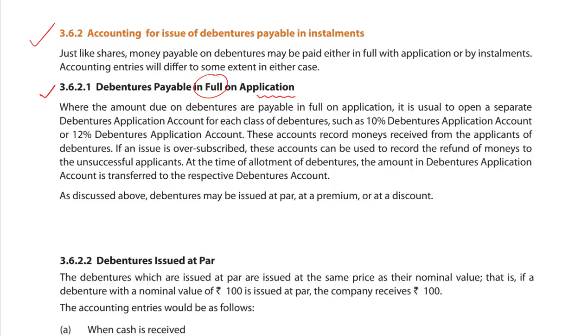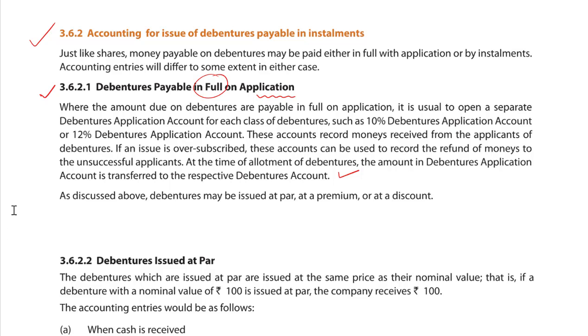Where the amount due on debentures is payable in full on application, it is usual to open a separate debenture application account for each class of debentures, such as 10% debenture application account or 12% debenture application account. These accounts record monies received from the applications of debenture. If an issue is oversubscribed, these accounts can be used to record the refund of monies to the unsuccessful applicants. At the time of allotment of debentures, the amount of debenture application account is transferred to the respective debenture account.